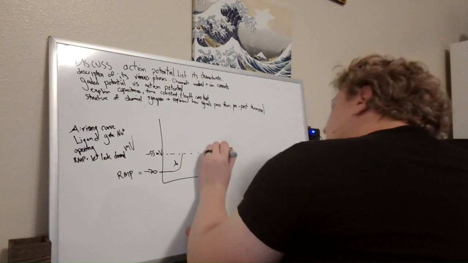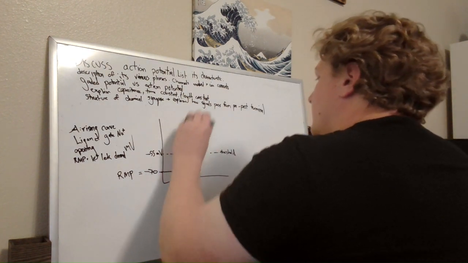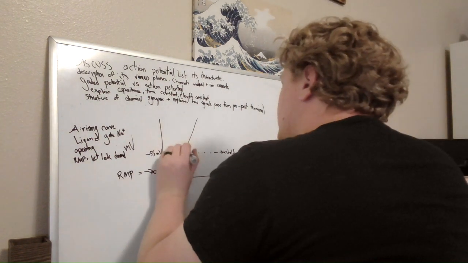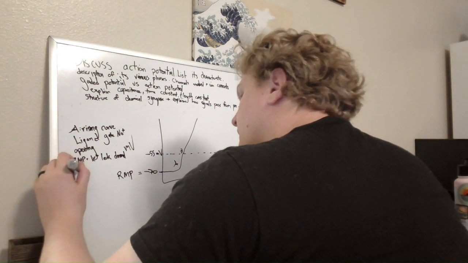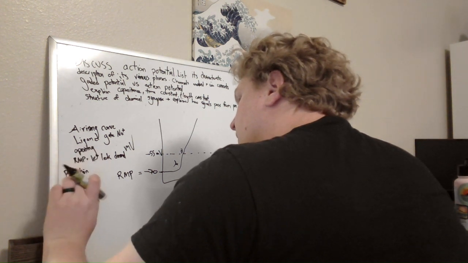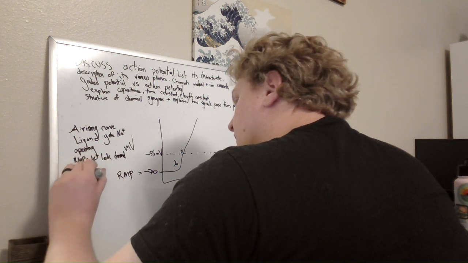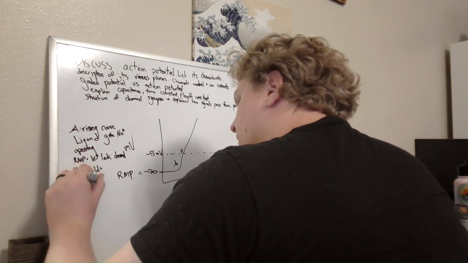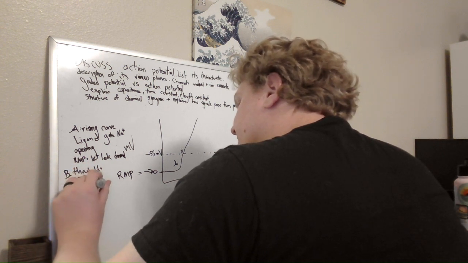This dotted line right here, we're going to call threshold, and as soon as we reach this B position, B is the action of the cell reaching threshold, which equals opening of voltage sodium channels.